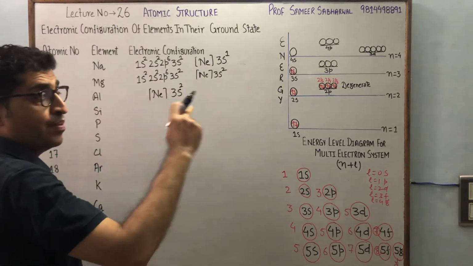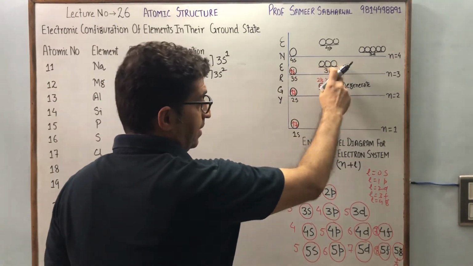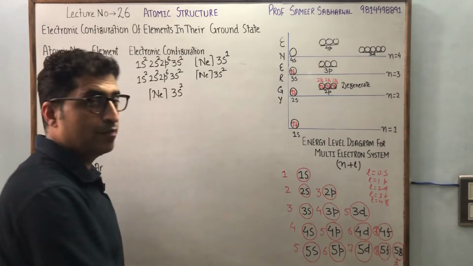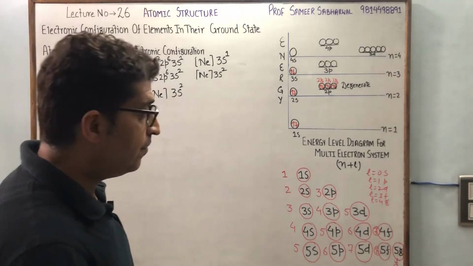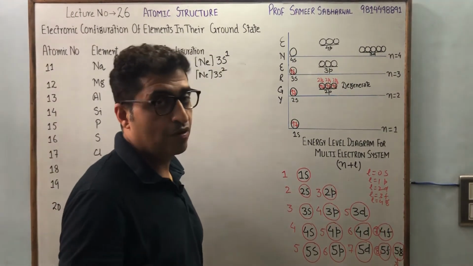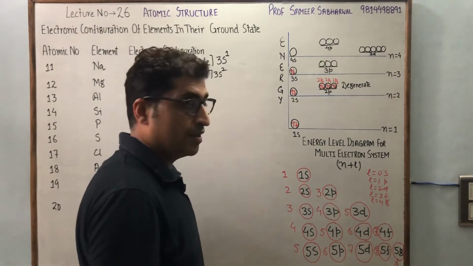Then comes 3p, right? Now see, 3p and 4s both have the same value of n plus l. Now question arises, to which subshell will the electron go, 3p or 4s?